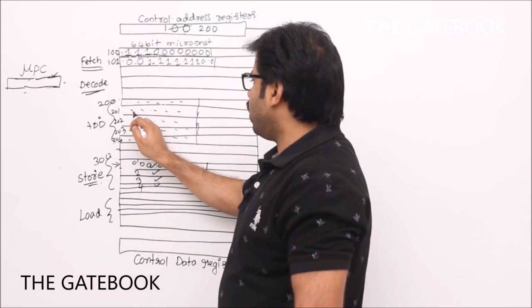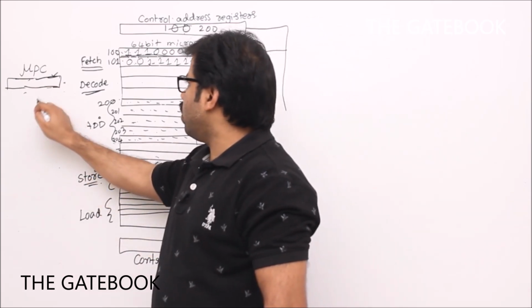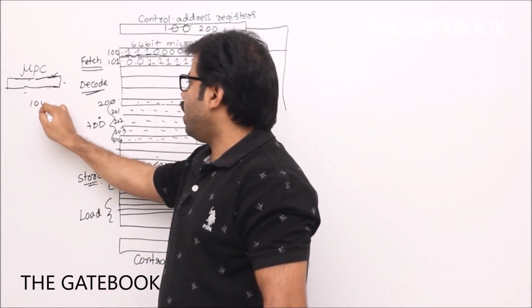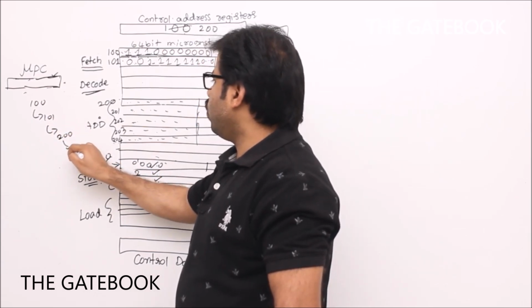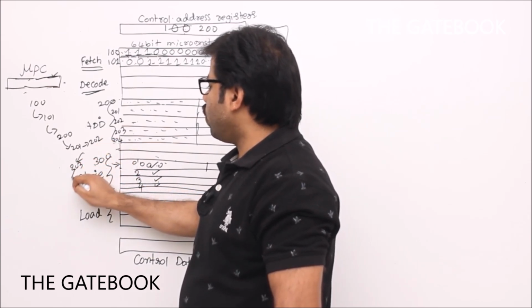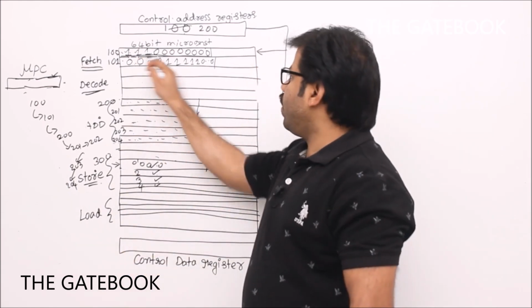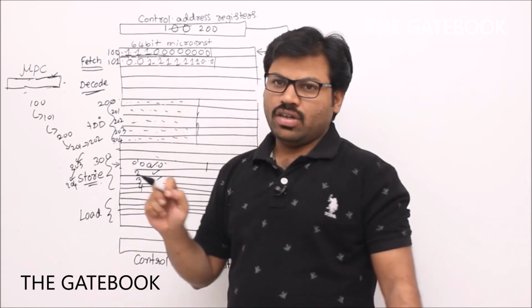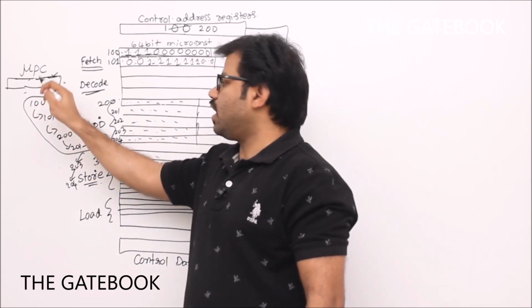These are the micro instructions related to your add instruction. For that, your micro program counter should go like this: 100, then 101, then 200, then 201, then 202, then 203, then 204. Here I am assuming that this memory is word addressable. That means for every different word I am giving one number. So this is the way my micro program counter should be sequenced.